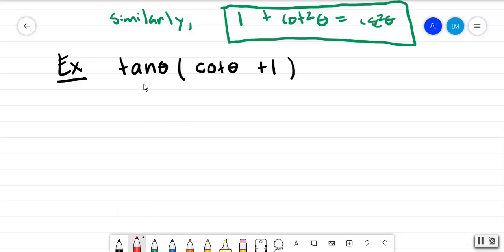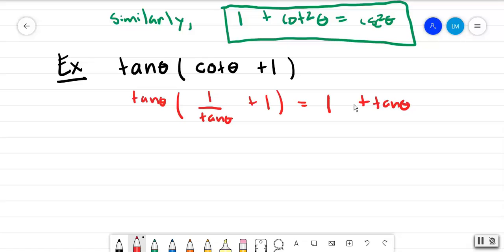Well, we can actually solve this because tangent theta and cotangent theta are reciprocals of each other, so cotangent is 1 over tangent of theta. You can just distribute. When you distribute, this will give you 1 plus tangent of theta. Now, there's not much to do because it's already simplified as it is. So there's not really a whole lot to do whenever you have something like this.